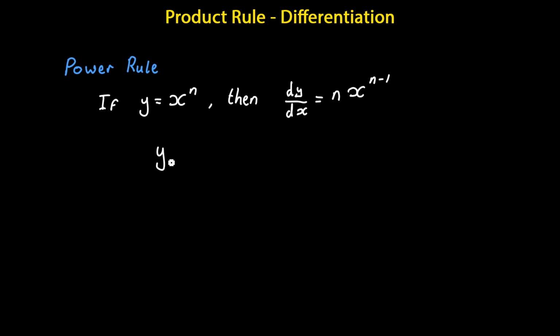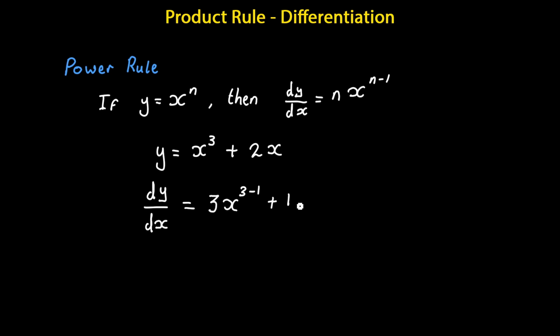So for example, if we have a polynomial with two x terms in it, y equals x cubed plus 2x, to find the derivative using the power rule, we would look at the first x term, multiply the power of that term by any coefficients in front of that x term, then subtract the power by 1.